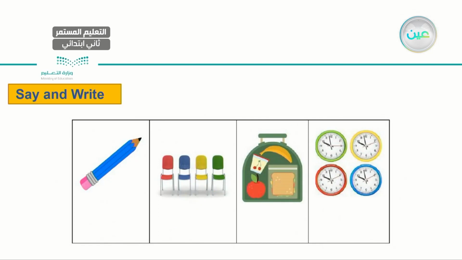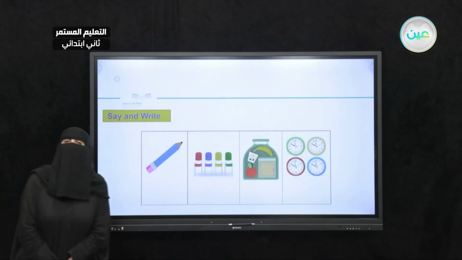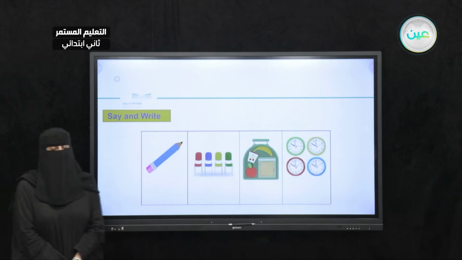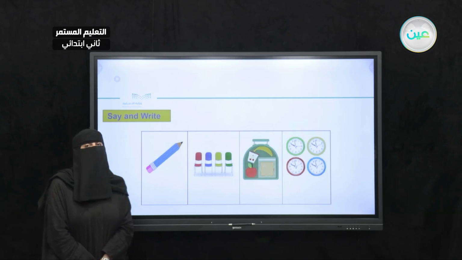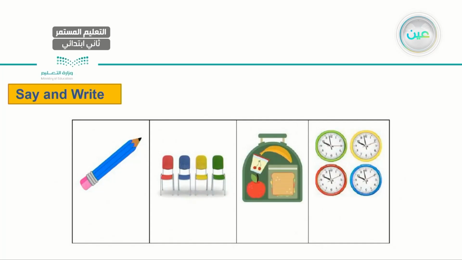Now, say and write. I need your help now to write the numbers. Are we talking about singular or plural? For the first one, how many pencils can you see? I can see a pencil, singular. Very good. Next, 1, 2, 3, 4.